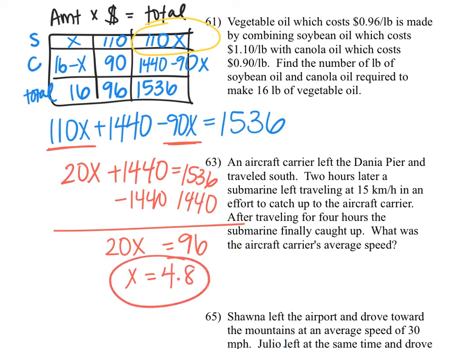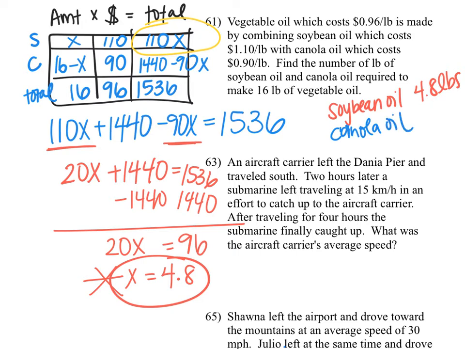Since X is our soybean oil, and they're asking us for both, I know that soybean oil is 4.8 pounds, and my canola oil would be 16 minus that, which is going to be 11.2 pounds. And I'm done.